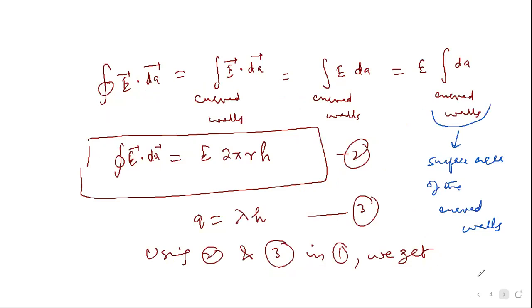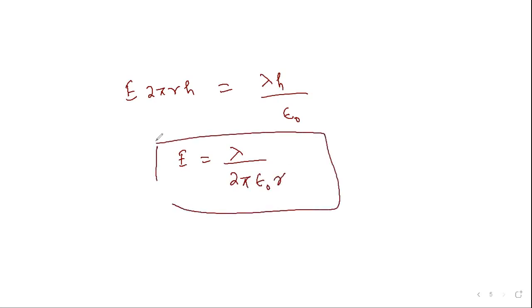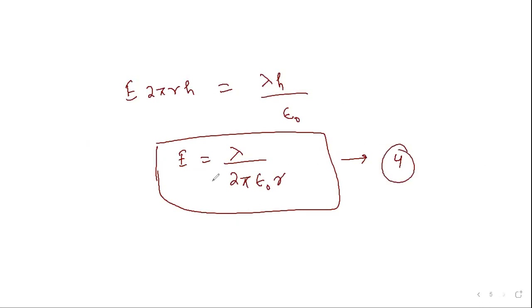And epsilon naught is there. So what I get, this h will cancel out. So I get E is lambda by 2 pi epsilon naught r. Let this be my equation 4. H will go, 2 pi r will come down. So lambda by 2 pi epsilon naught r.